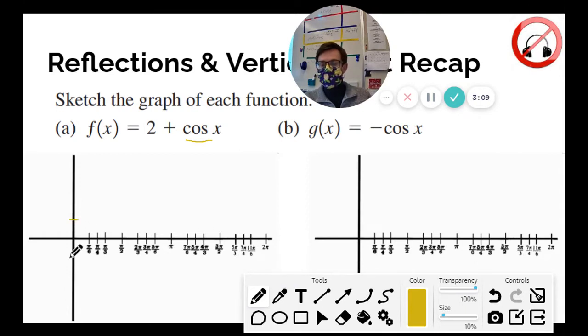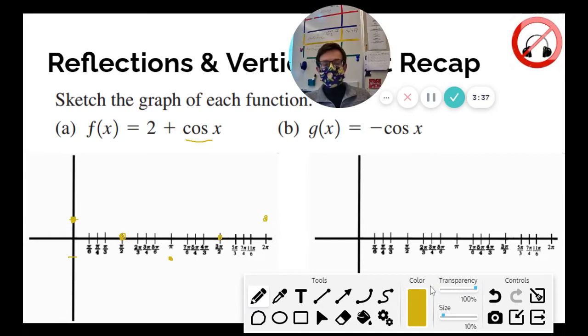So cosine, remember, has a starting point at 0, 1, hits that midpoint at pi over 2, hits that low point at -1, midpoint again at 3 pi over 2, and then back to 1 at 2 pi. So to complete that full cycle.